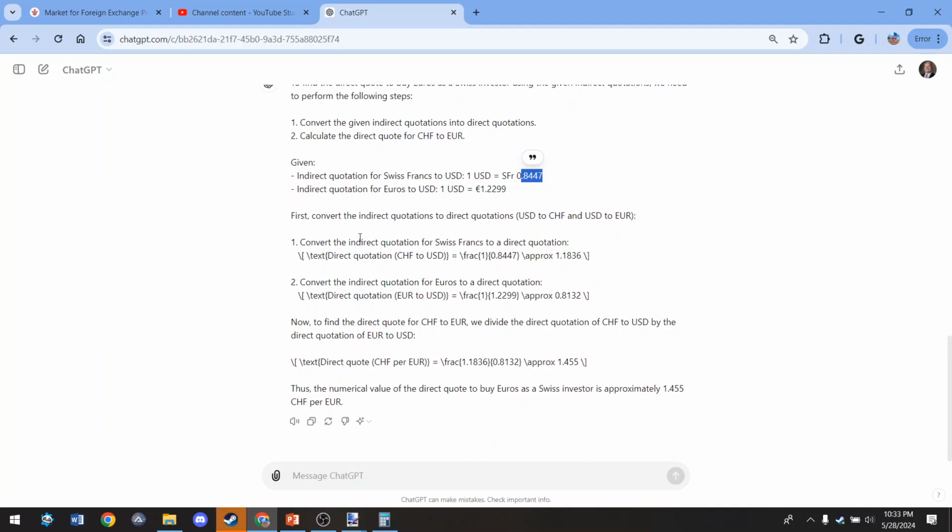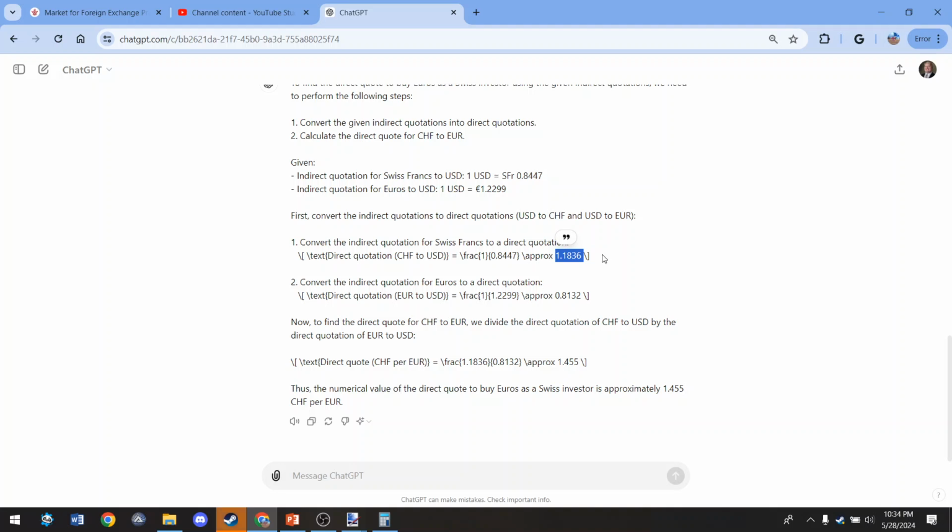So it's saying convert the indirect quotation for Swiss francs to a direct quotation. So we would need to do 1 over that. So we've got 1.1836. And what is this? Instead of francs to dollars, this is now dollars to francs.